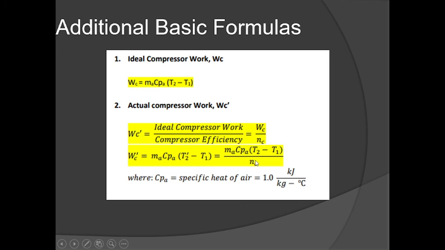It is actually just a derived formula, where the Cp, specific heat of air, is 1.0 kilojoules per kilogram. I'm sorry for saying ratio.